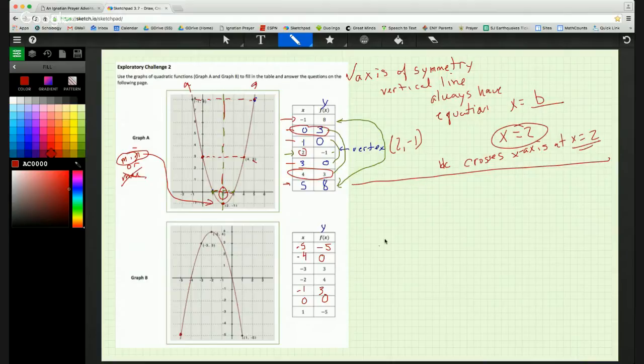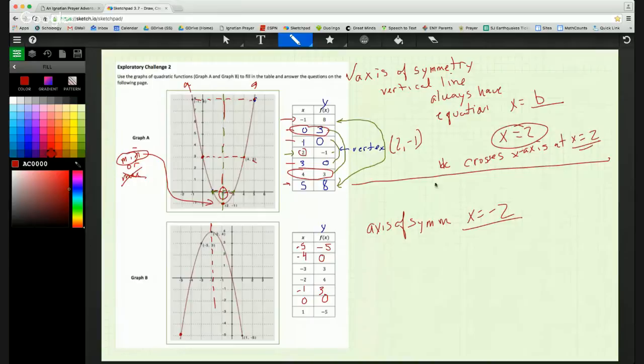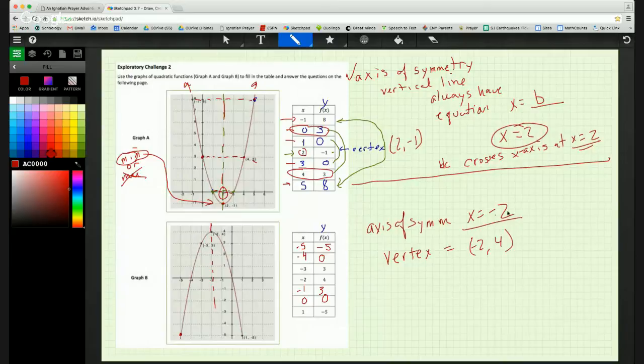Okay, good. Our axis of symmetry is x equals -2. Our vertex equals -2, 4. And remember, the vertex and the axis of symmetry share a common thing: if x is -2 on the axis, then my vertex has to have x equals -2 because it's on that line.